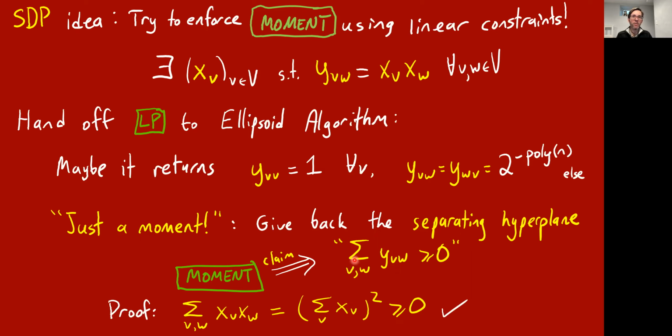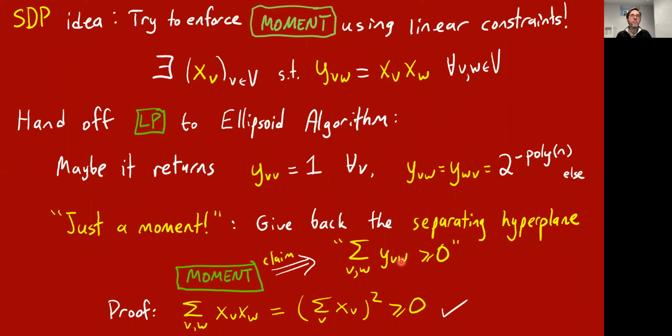If there really are real numbers x that satisfy yvw equals xv xw, then the sum of all the yvw's is the sum over v and w of xv xw, which by arithmetic is the square of the sum of the xv's, and the square of a real number is non-negative. So this is a valid inequality for any solution y that satisfies the moment constraints.